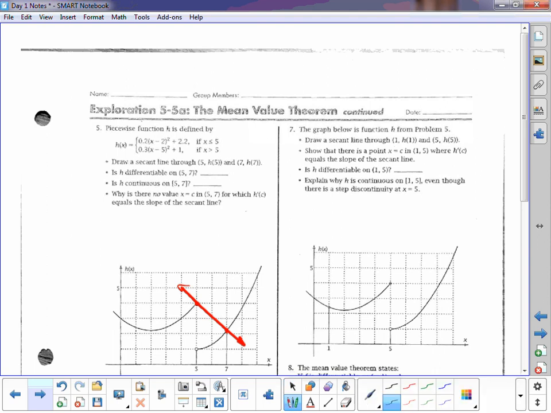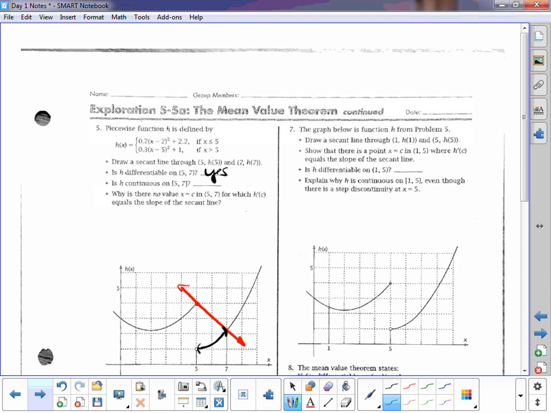So I'm looking only at this open interval here. Again, since it doesn't include 5, we don't care what's happening at those endpoints. So at 5, there is an issue. It's not continuous, so it can't be differentiable. But since 5 is not included, we're good. Leading right up until 7, I can take the derivative. I can draw those tangent slopes. So it is actually differentiable on that open interval.